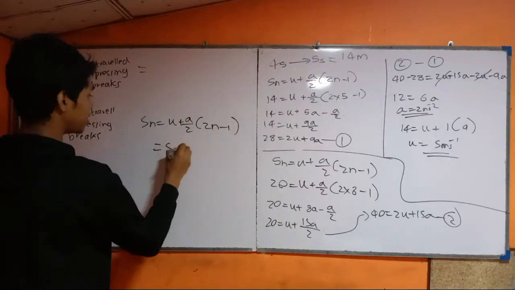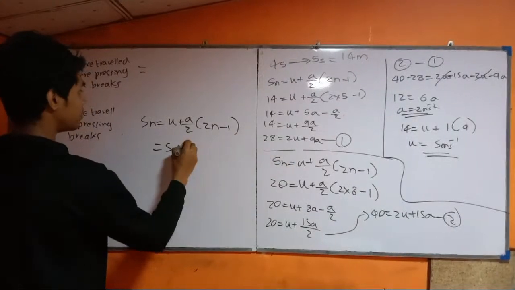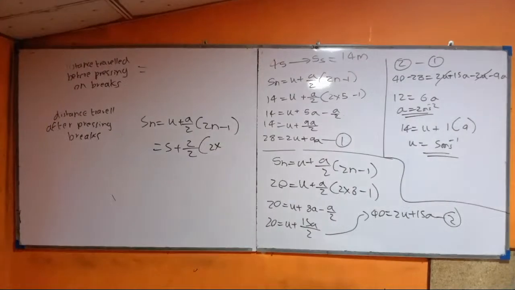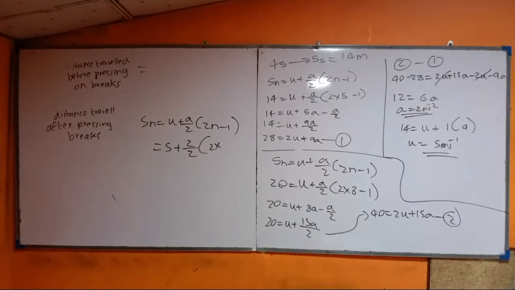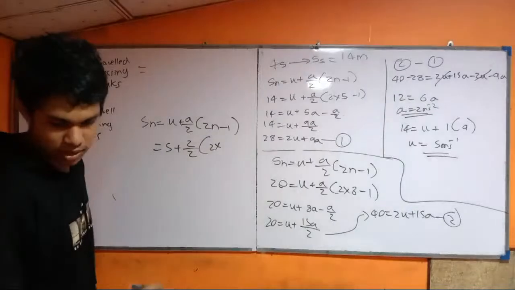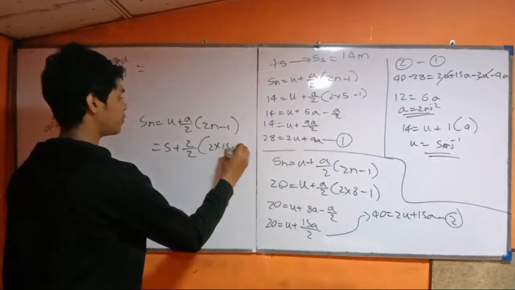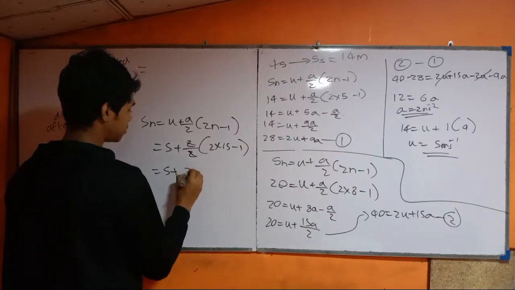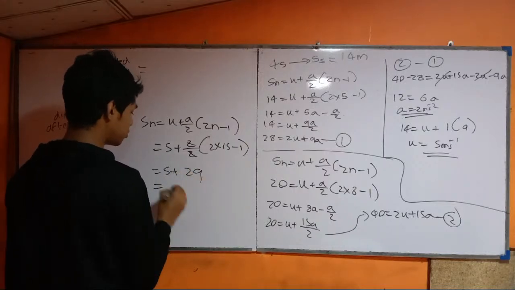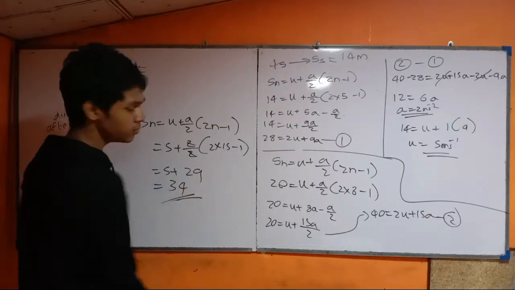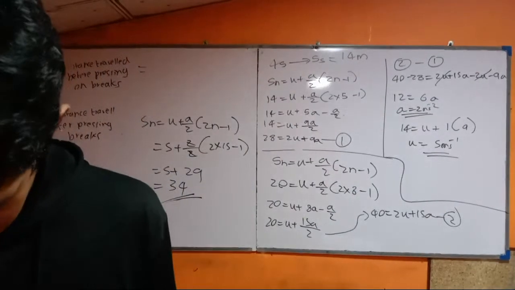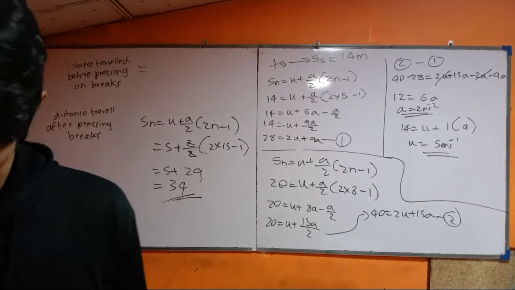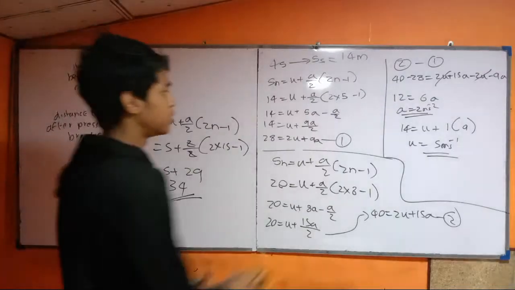Initial velocity 5 plus a is going to be 2 over 2, and 2 into 15 minus 1. 5 plus 29, that's going to be 34. 34 meters. Answer number 2. Right. Good. 2 more questions remaining.